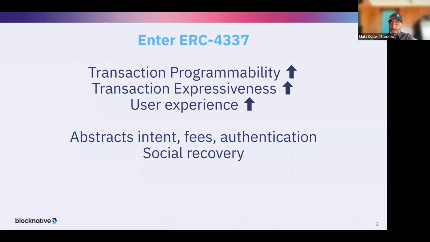And what's interesting about it is it does all of this without requiring a hard fork, without any changes to consensus. At the outset, when 4337 started to really take off, I personally was very confused by this. How is it possible to make all of these changes to the nature of transactions, to the nature of expressiveness, to the user experience, without really changing the core protocol at all, which seems pretty fundamental?